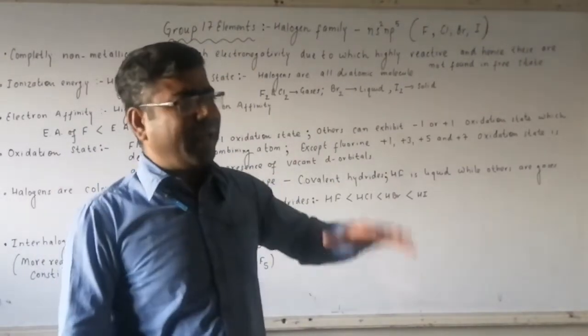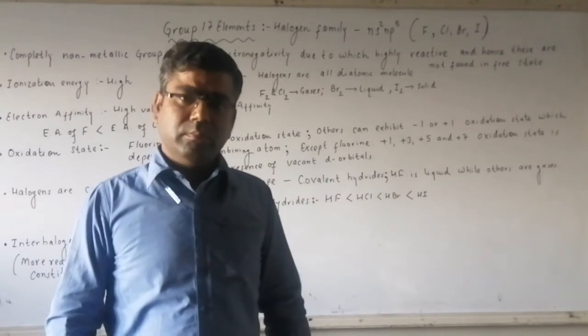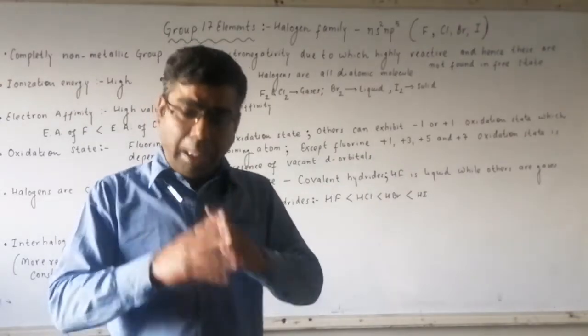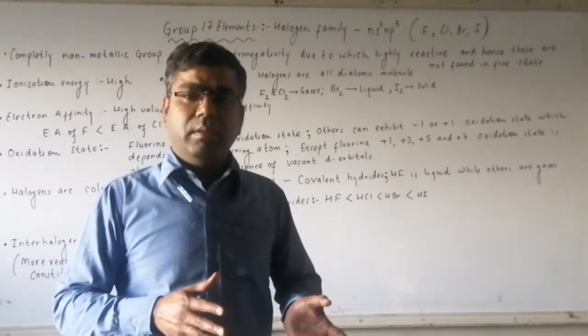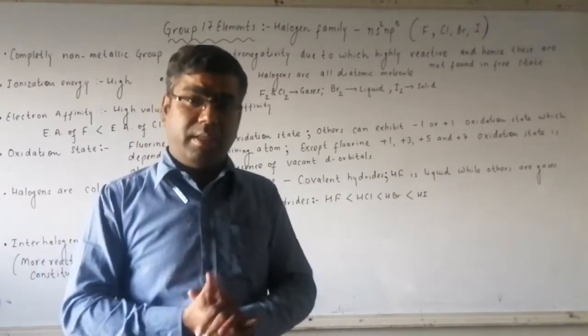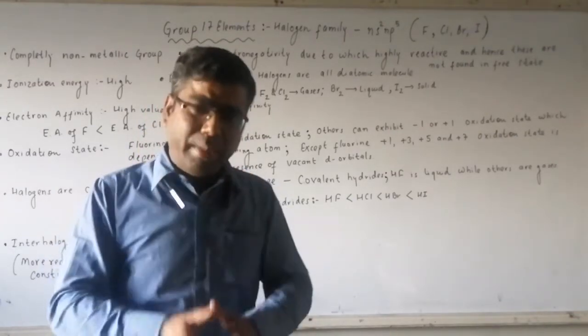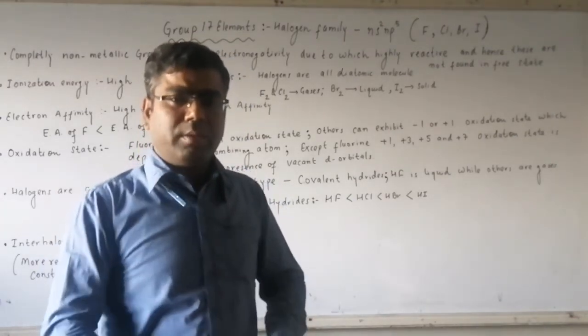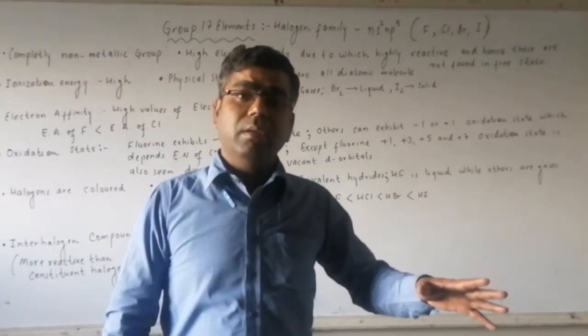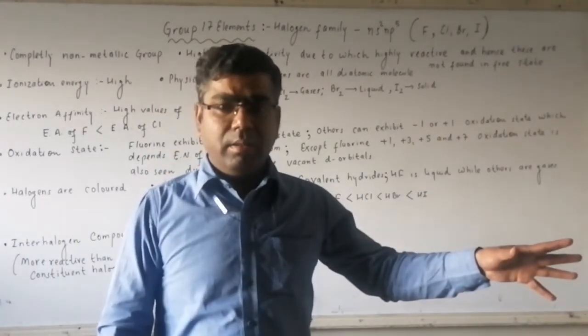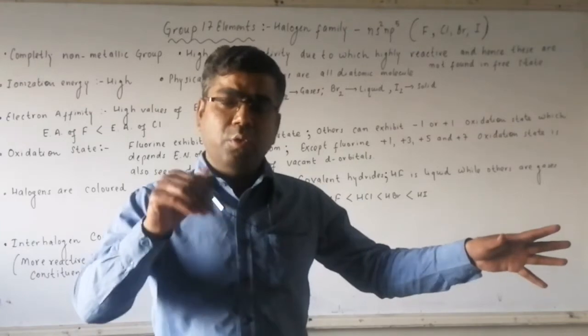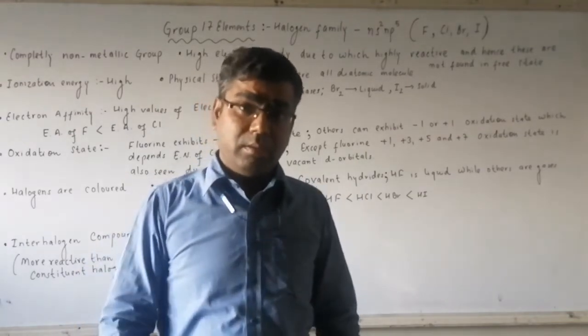If more electronegative element is there, then halogens except fluorine will show positive oxidation state, and if these are combining with element having less electronegativity, then they will show negative oxidation state.